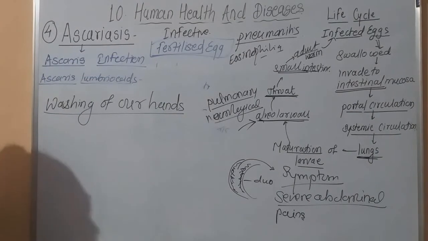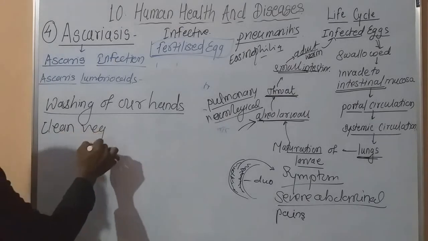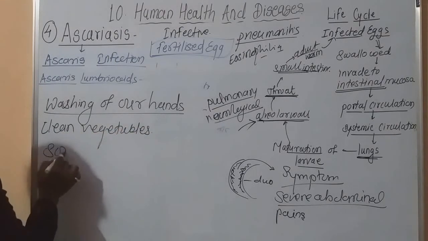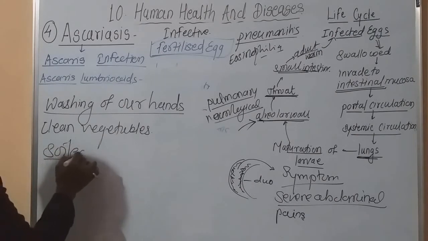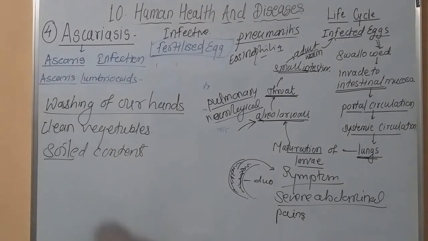Okay, then also clean the vegetables before eating. Okay, and avoid soiled content. Due to soil content, raw vegetables consist of the eggs and they go into your body, so dirt and soil you have to avoid.